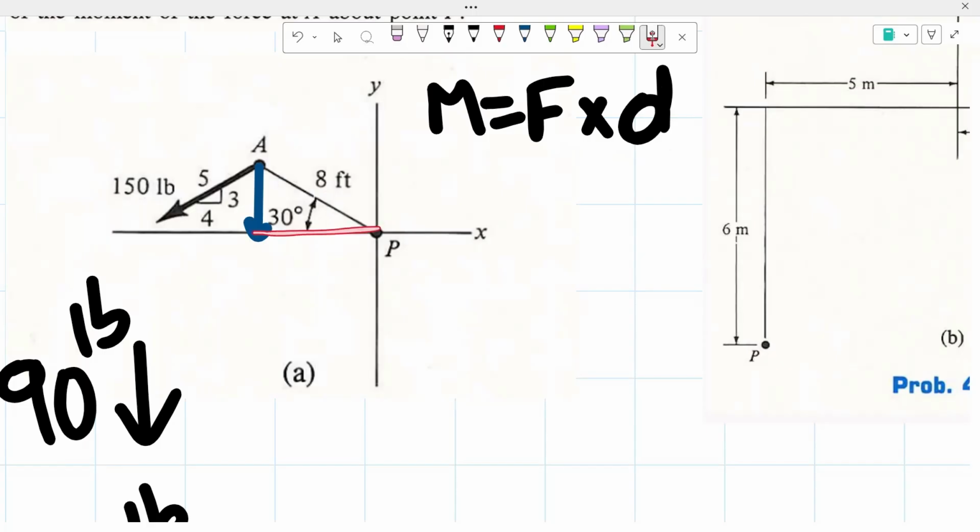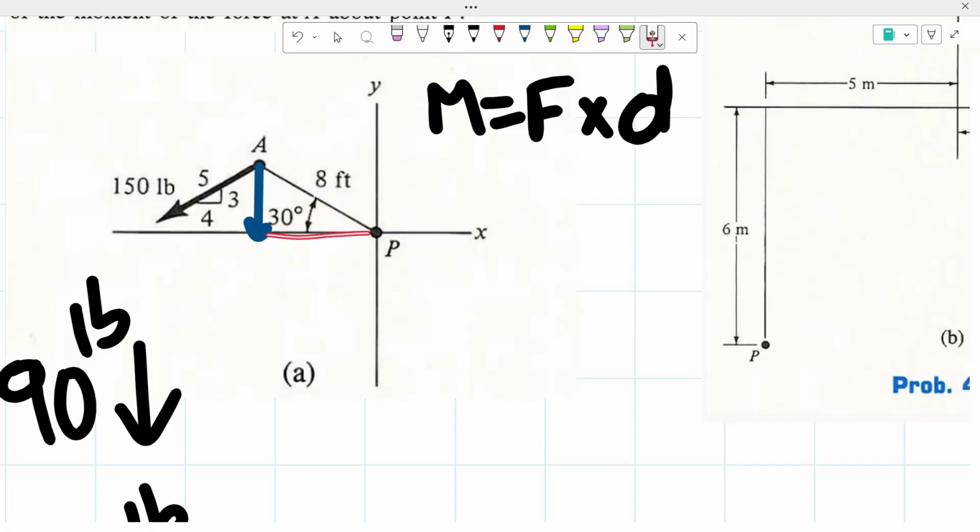What is given to us is that this force and this side create a triangle, and this side of the triangle has a length of 8 feet. We are given that this angle is 30 degrees, so we're going to use that to help us find that distance.